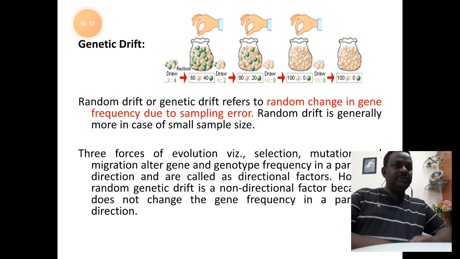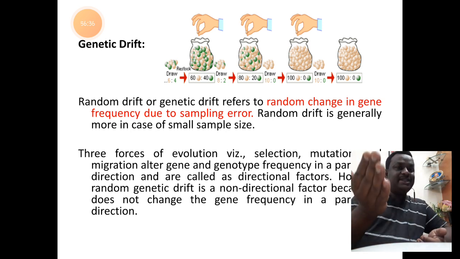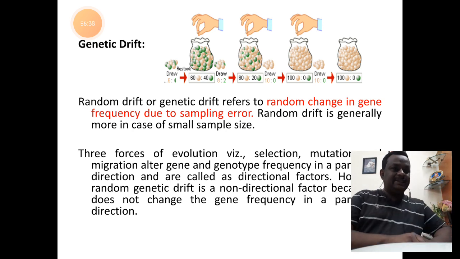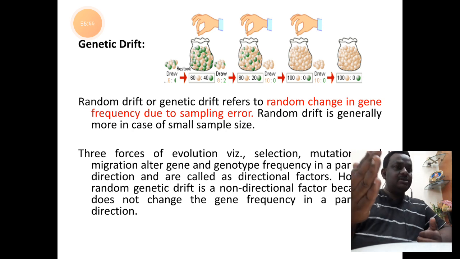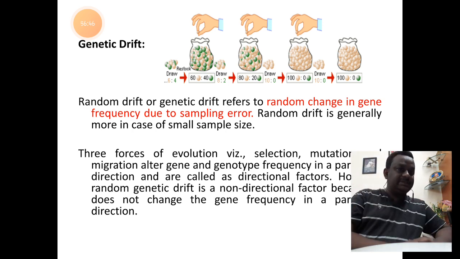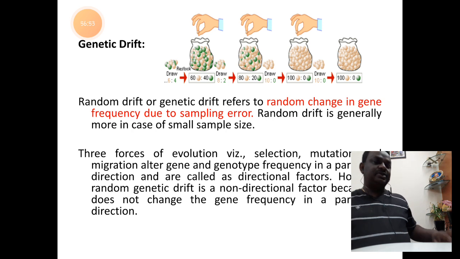As time goes on, 80% brown and 20% green are seen. Further, you find 100% brown and 0% green. Furthermore, 100% brown ones are seen, no green ones.